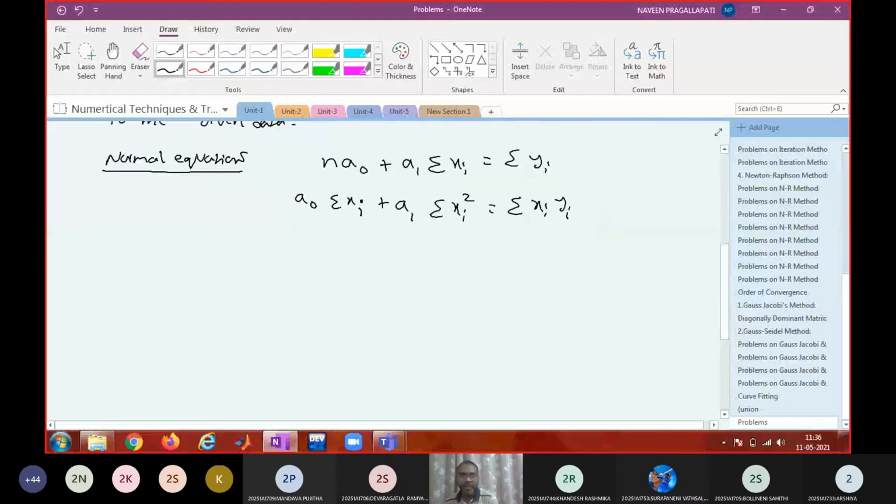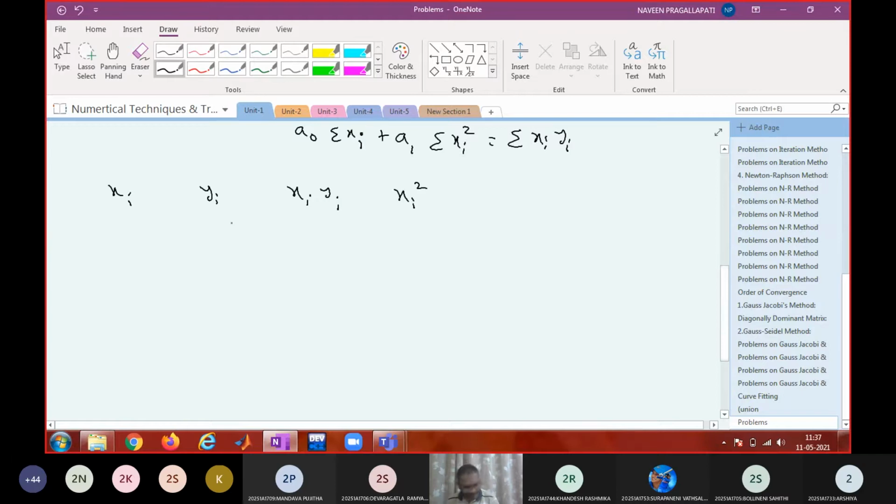Now you prepare the table for xi, yi, xi yi, xi square. Is it what you want? Sigma xi, sigma yi, sigma xi square, sigma xi yi. Okay, so you copy the values and use your calculator.